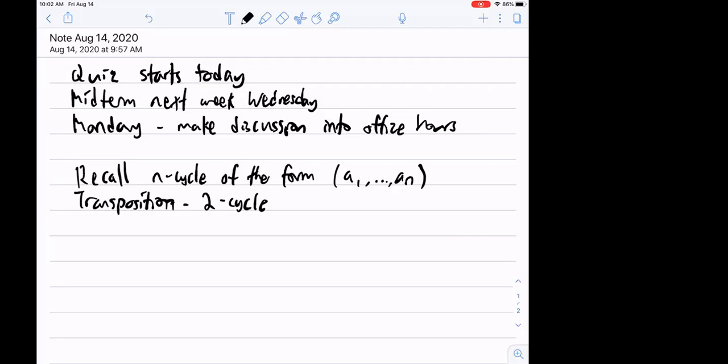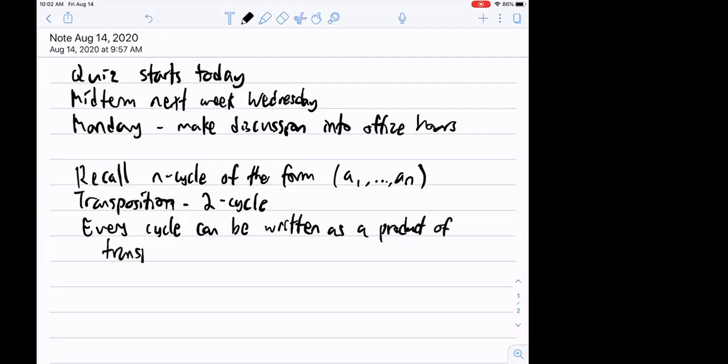And the point is every cycle can be written as a product of transpositions. It's enough to do it for disjoint cycles, because you can always write a product of disjoint cycles.